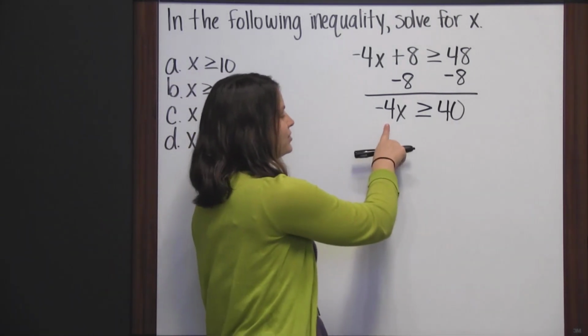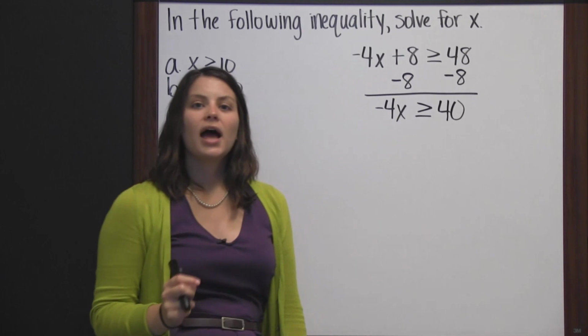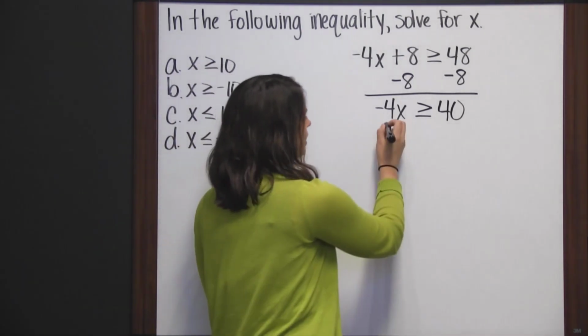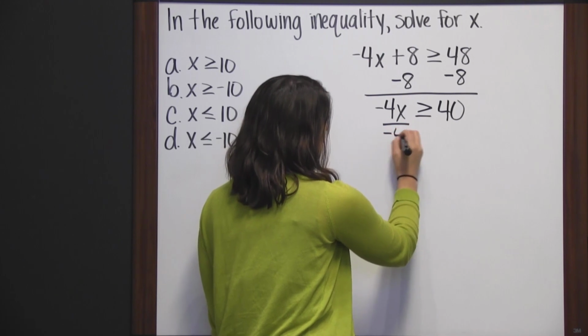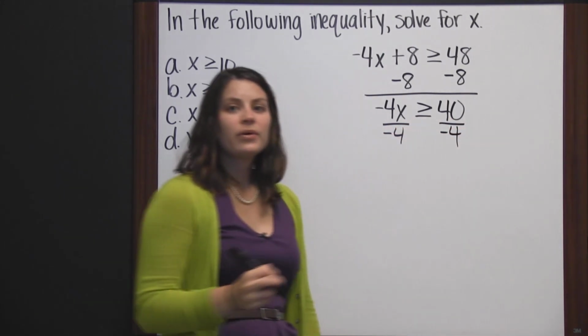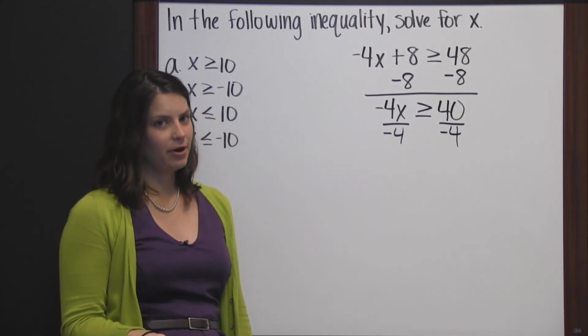Now we need to undo negative 4 times x. And the opposite of multiplying by a negative 4 is dividing by a negative 4. Now with inequalities, there is a special rule you have to remember.